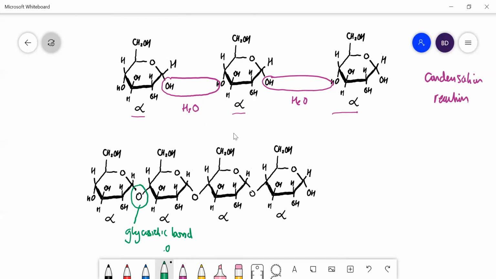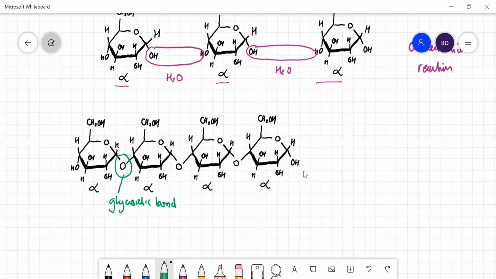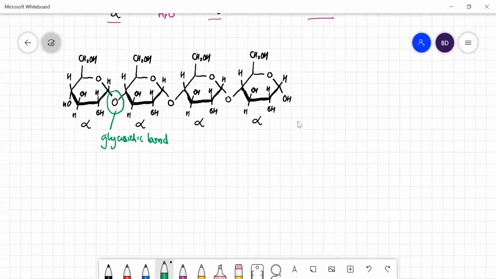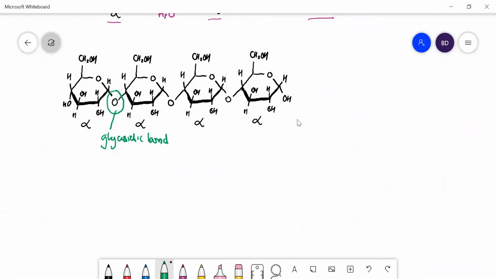Now I could draw the same for beta. What I'm going to do is show you how different those structures are. Instead of drawing my glucose molecules like that, I'm going to draw them like this. This is the flat glucose molecule. You'll have a CH2OH sticking up, but I'm not really interested in that.